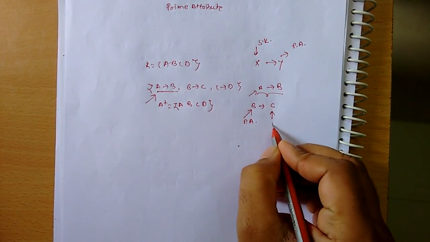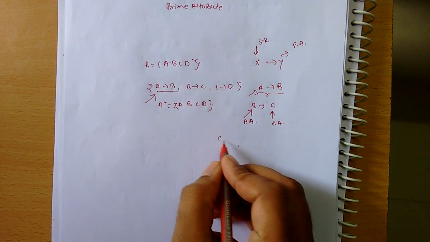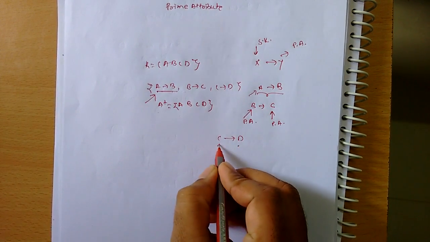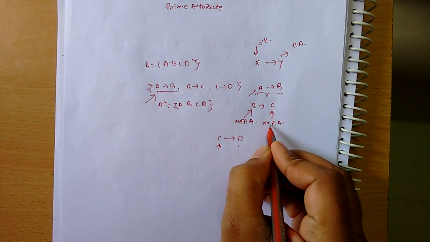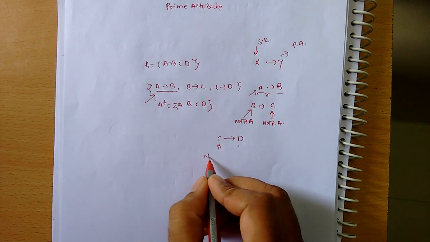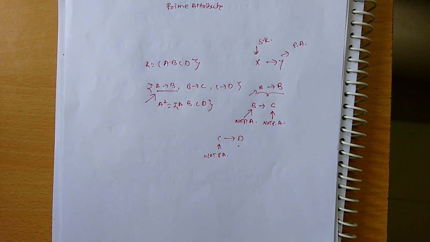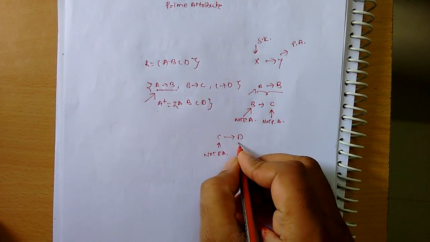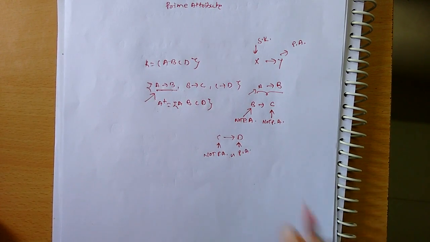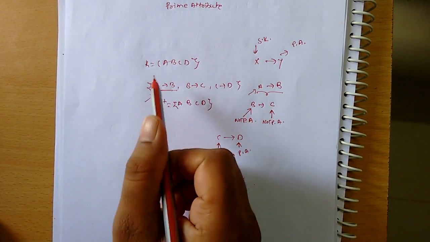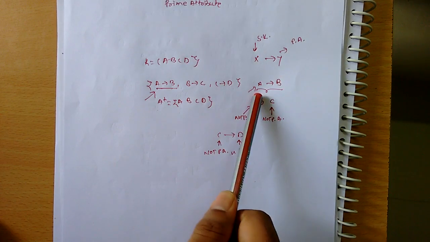C is not a prime attribute either, for the same reason, and D is also not a prime attribute. But this relation is in second normal form because we do not have any partial dependency here.